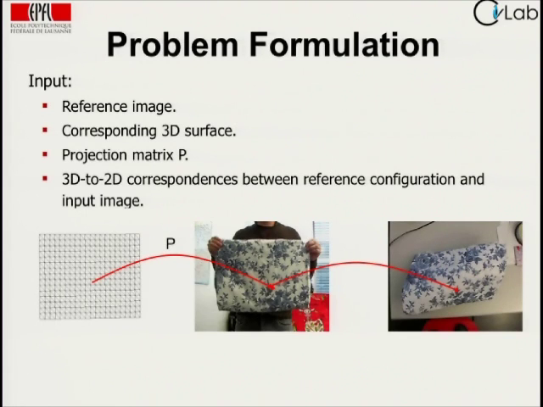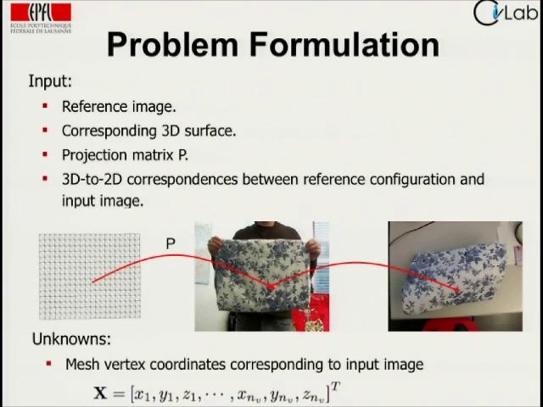So the way that we formulate the problem is as follows. We have our reference shape. We know where it projects in the reference image, and we establish correspondences between the reference image and the input image. And what we're going to try to compute is our unknown, x, which are the 3D coordinates of all the vertices in the mesh.